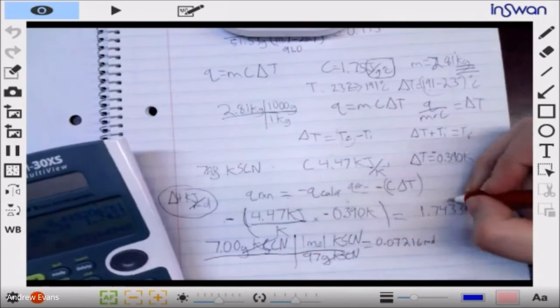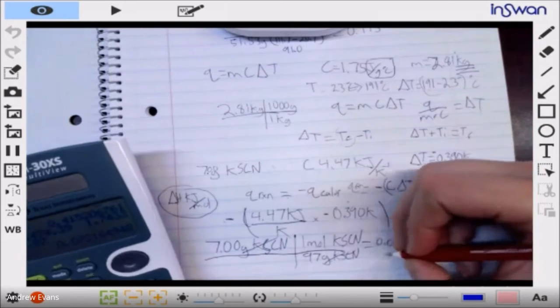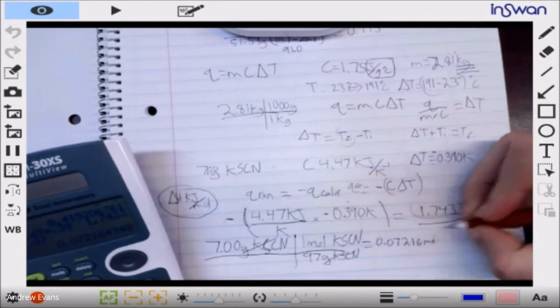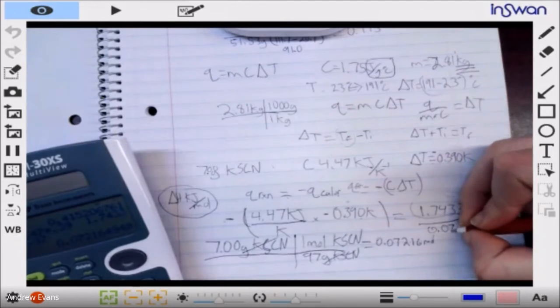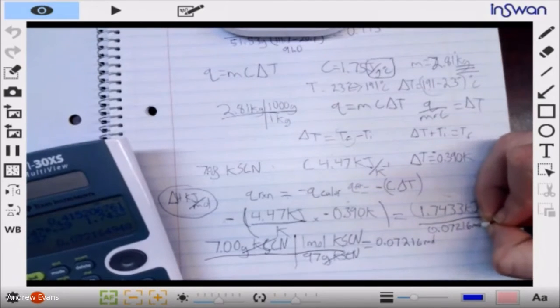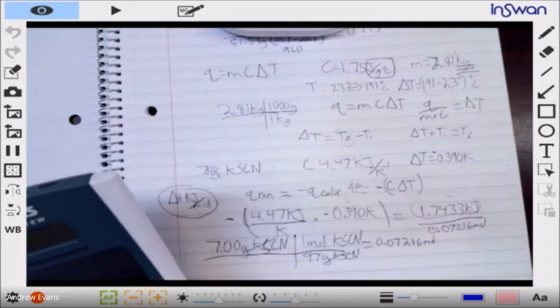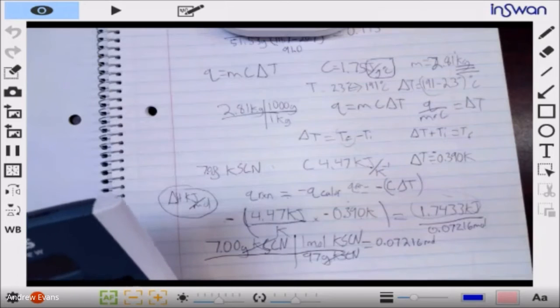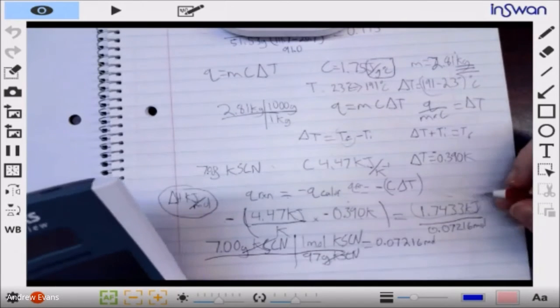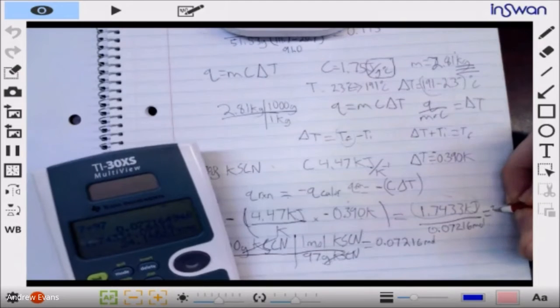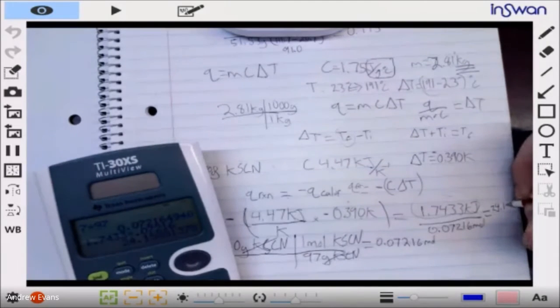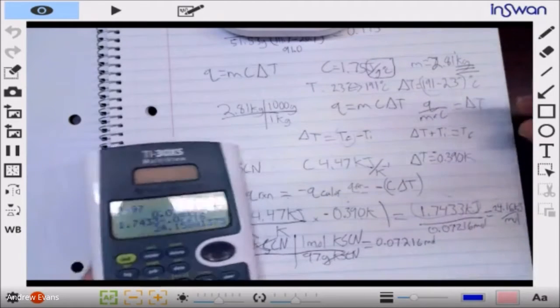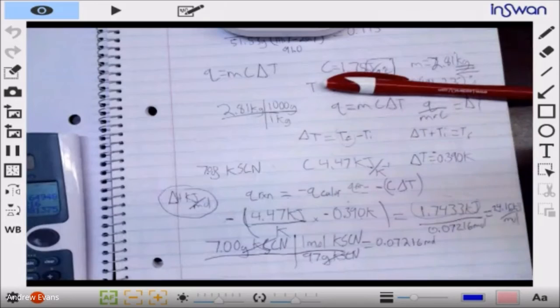So taking our original number, 1.74, we're going to divide that by 0.07216 moles. 1.743 divided by 0.07216 will give us the energy as 24.16 kilojoules per mole.